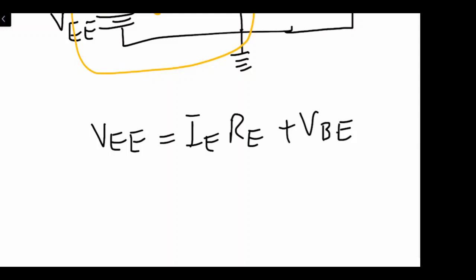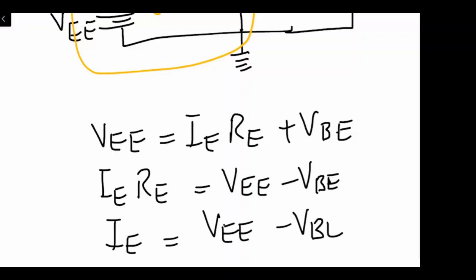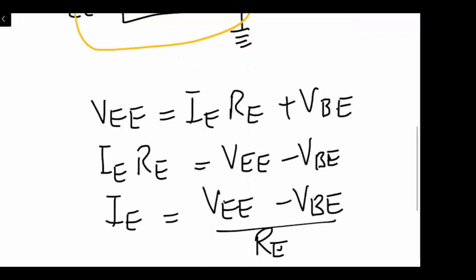And we can say that IE RE should be equal to VEE minus VBE, or this means I can write IE is equal to VEE minus VBE divided by RE, right?